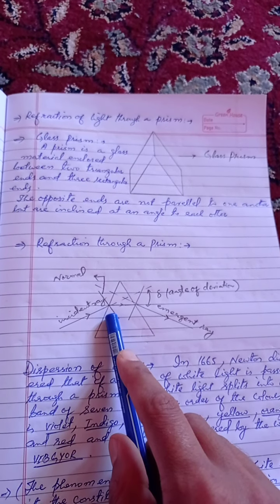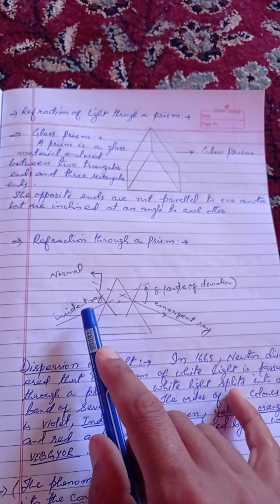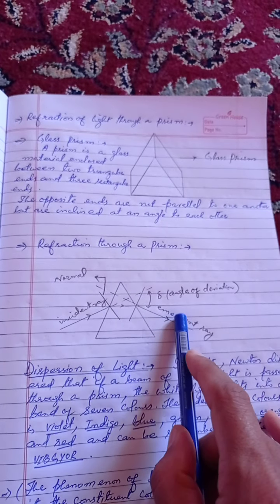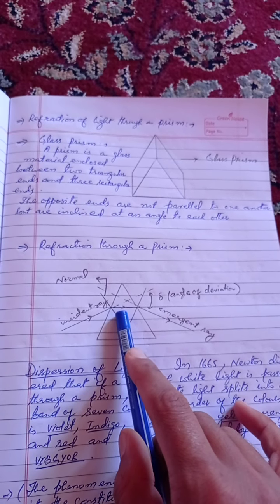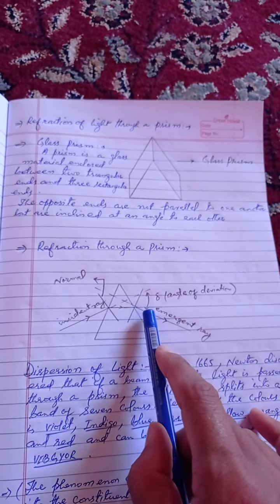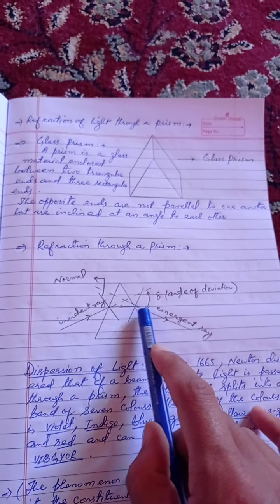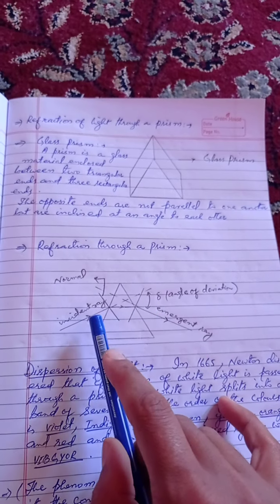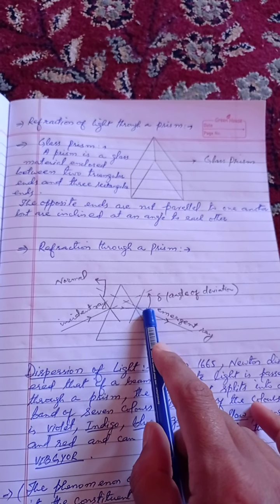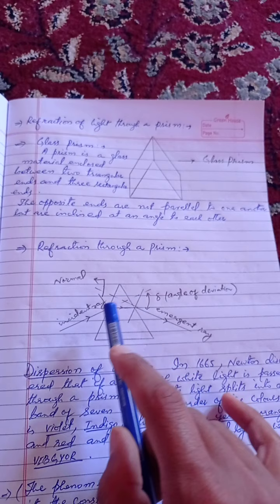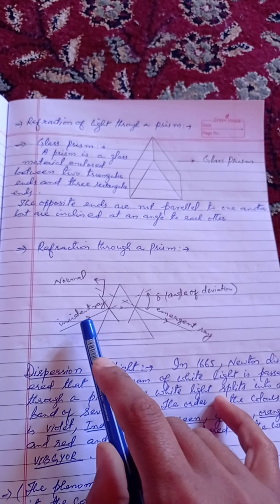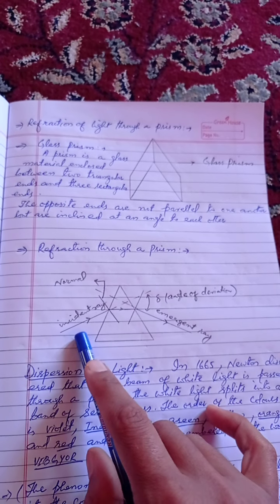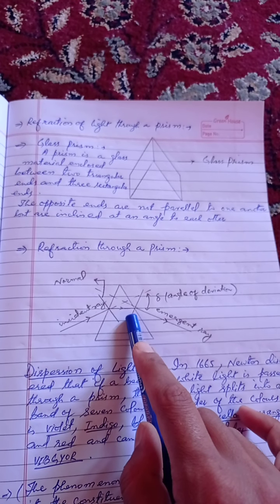Dear students, the angle between the incident ray and the emergent ray is termed the angle of deviation. It is this angle of deviation that gives us the difference in the paths of the incident ray and the emergent ray. So this is all about the refraction of light when light travels from air into the glass prism.